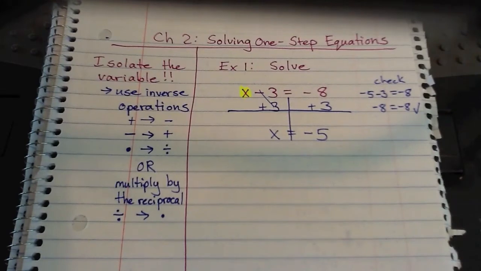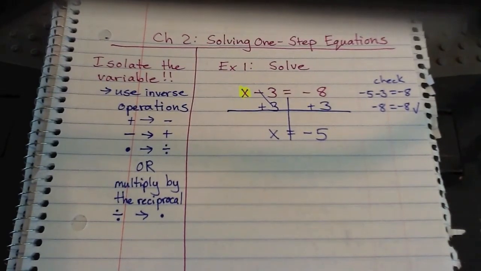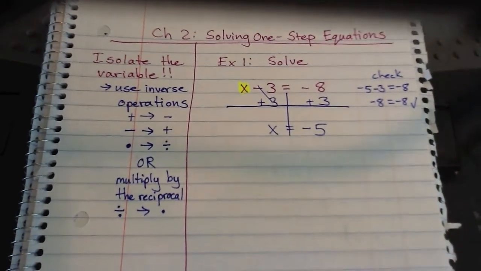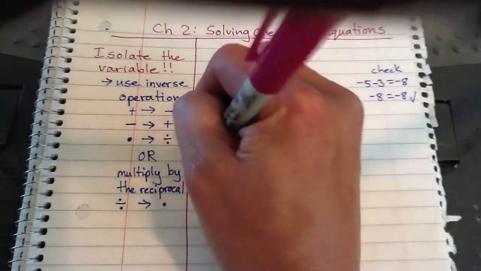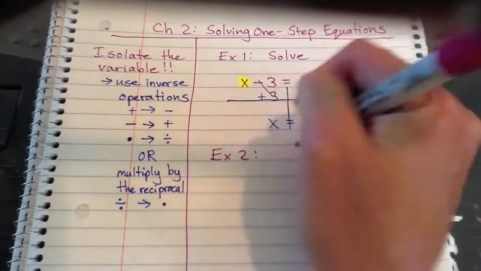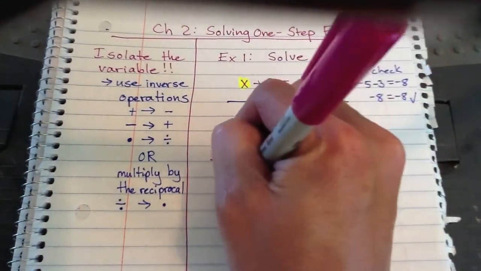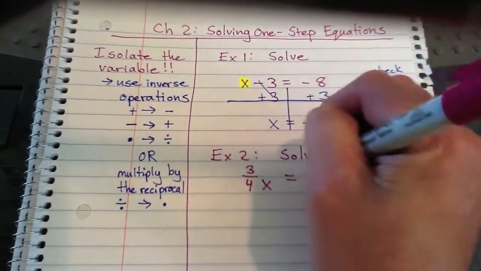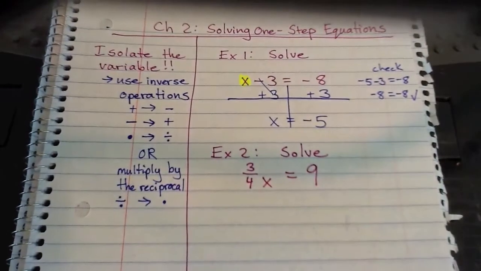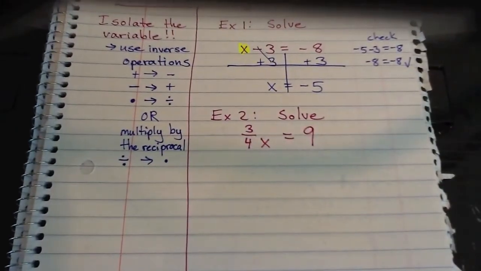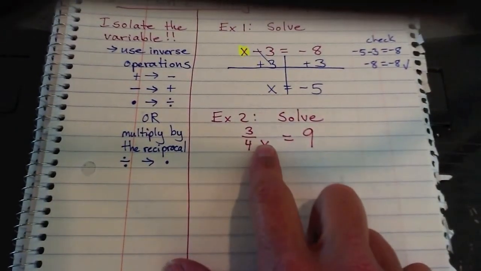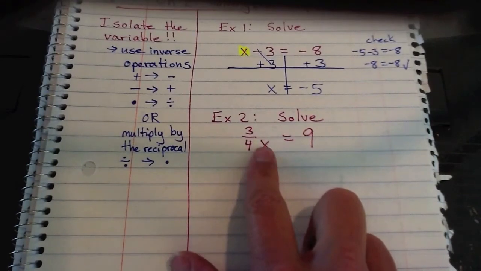So let's try just a couple more examples of these very quickly so we can move on to the lesson with 2 steps. Example 2, solve 3/4 x equals 9. So this right here means multiplication. I'm multiplying 3/4 times x.